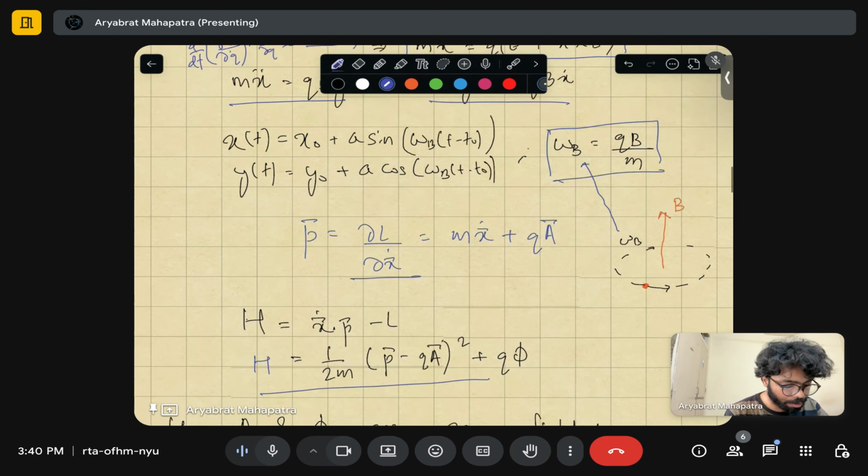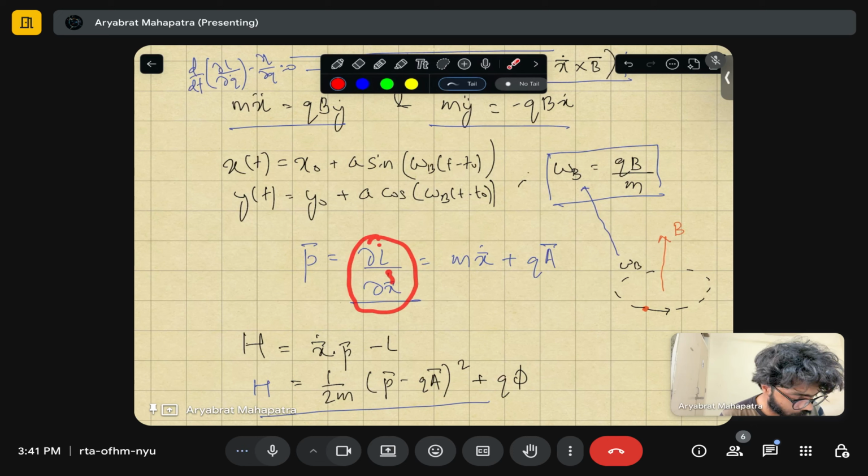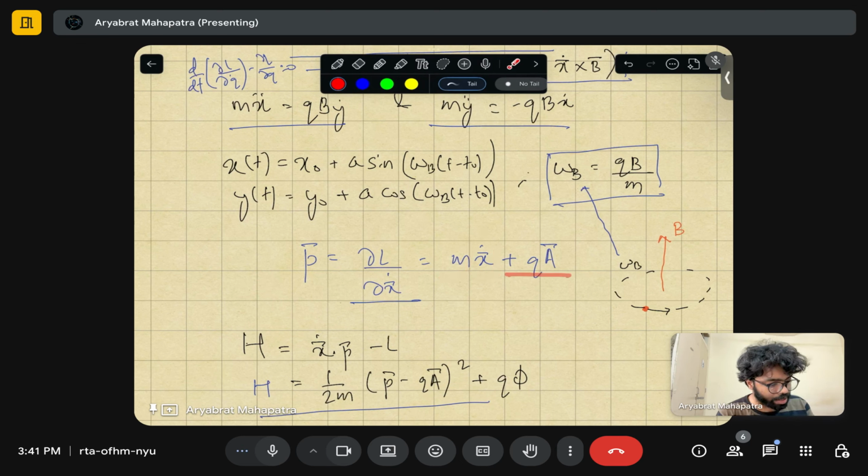Then, if you want to calculate the generalized momentum associated with the particle, you take the derivative of the Lagrangian with respect to the derivative of the generalized coordinate. Then you get m x dot, which is your velocity, mv, plus q times A, where A is your vector potential.